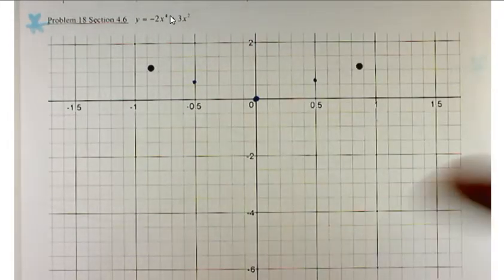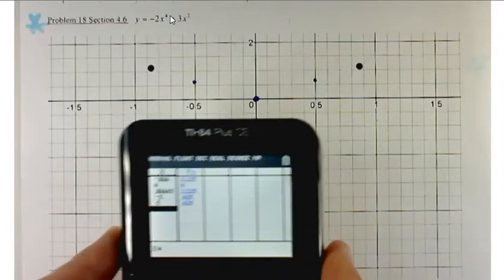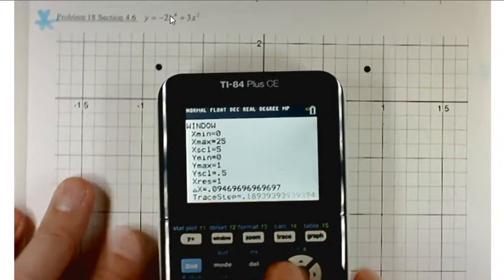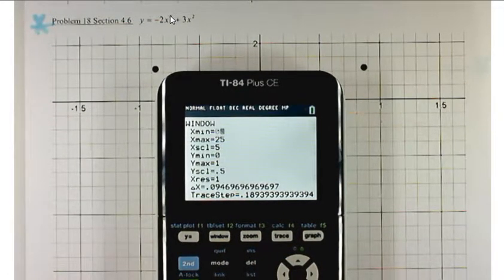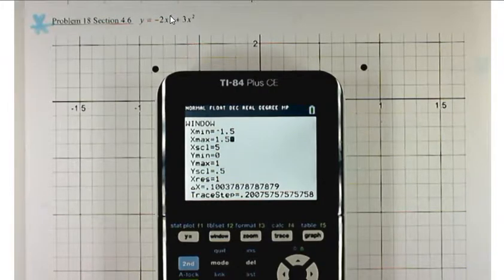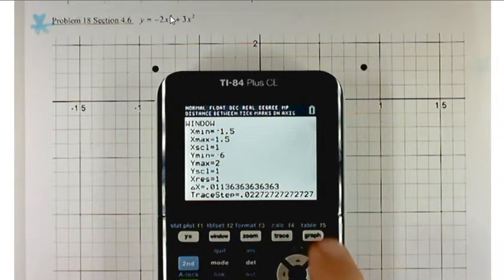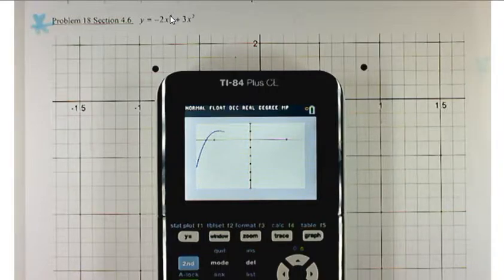Sure, match the graph. Why not, right? So let's take a look at our window then. -1.5 to 1.5. I'll change the scale back to 1. And then -6 to 2. Why not? When we graph that, let's see if we can make sense out of all this.